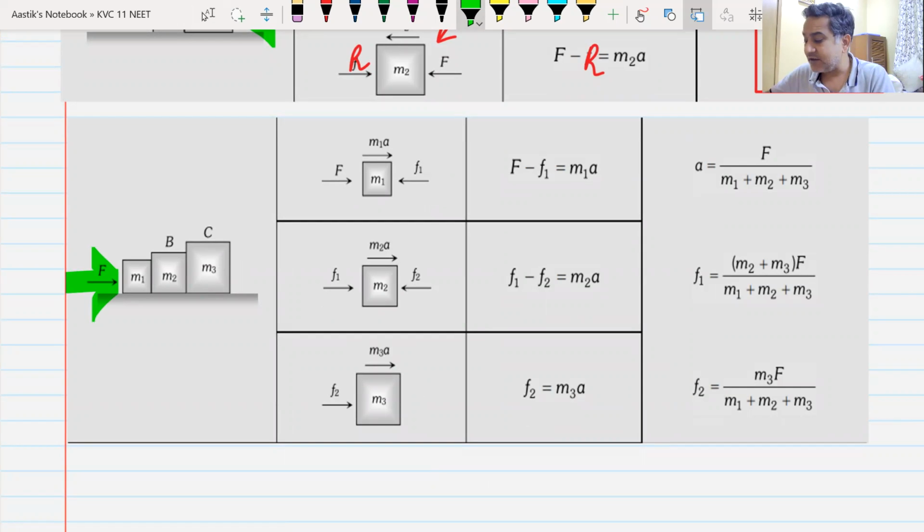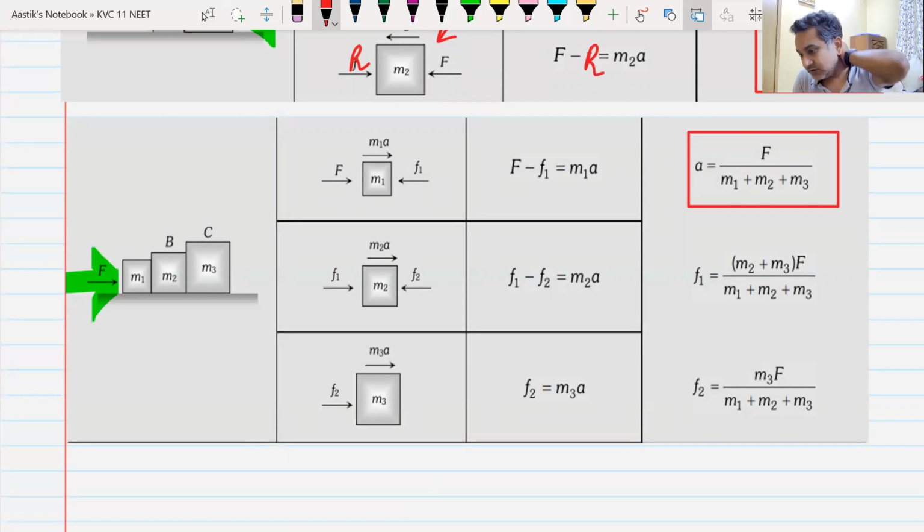But in most cases, they are going to ask you what is the acceleration of this system. It is total force divided by total mass. Acceleration will be F divided by M1 plus M2 plus M3. Do we understand this?